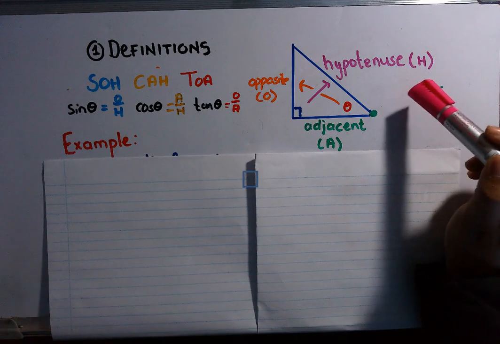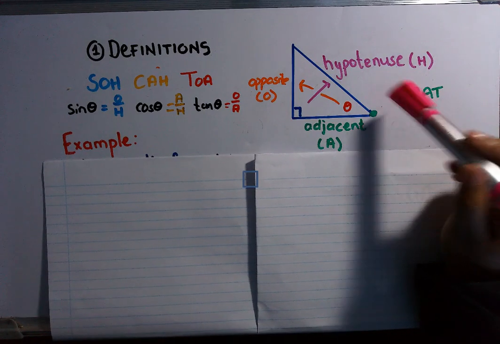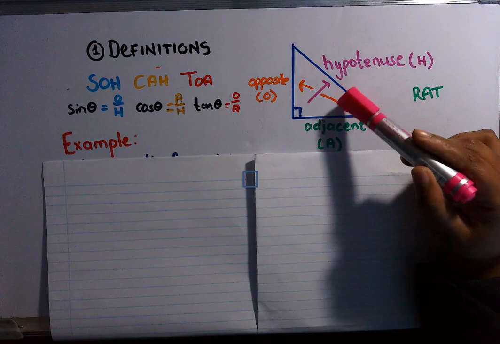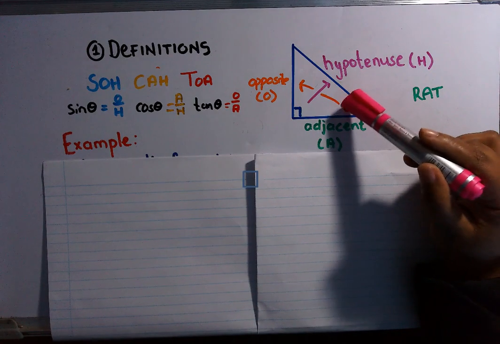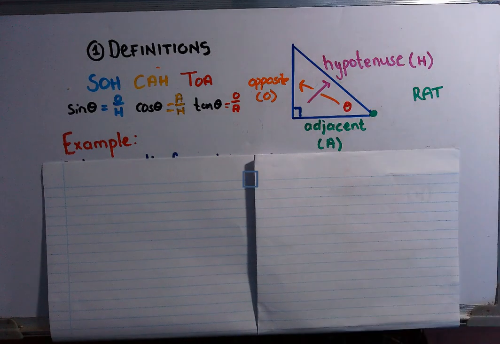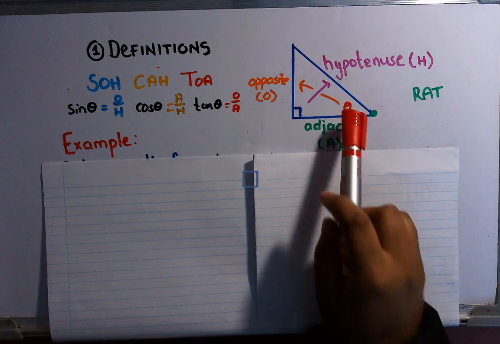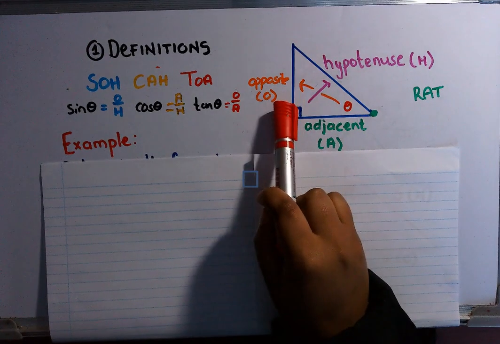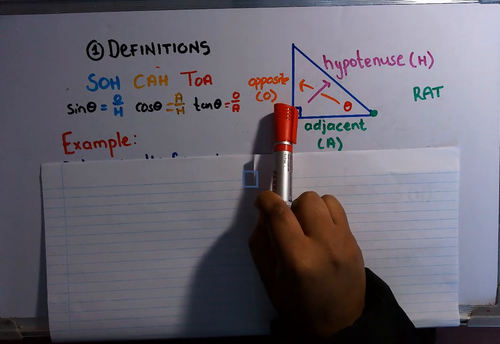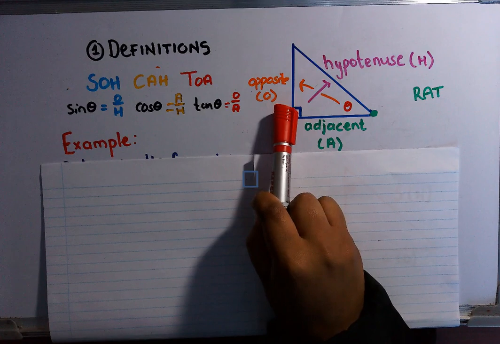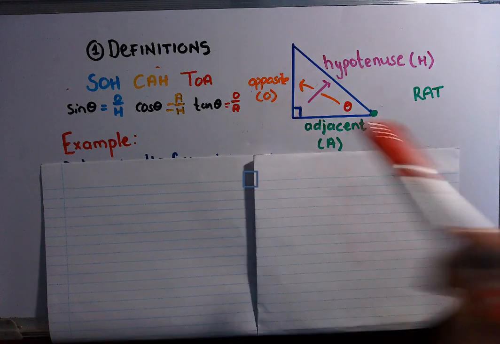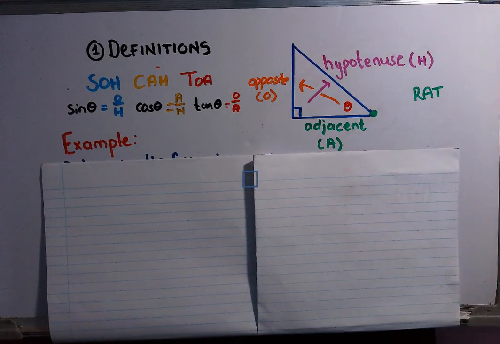The second one is relative to theta, where theta is an unknown angle in our rat. The second side is called the opposite side and it's opposite theta. Okay, so that is the second side, and then the third side is the adjacent side.